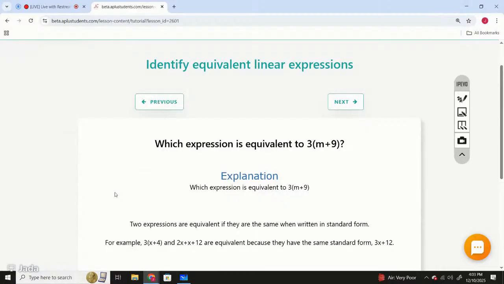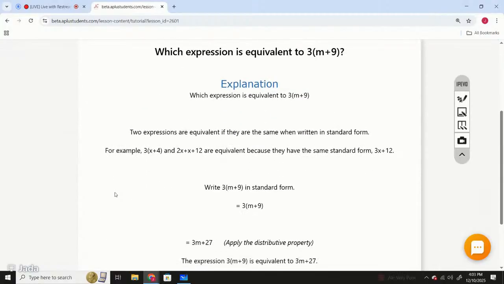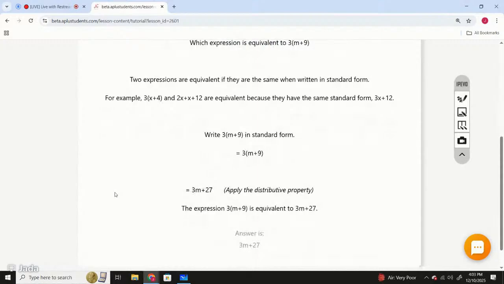Which expression is equivalent to 3 times m plus 9? We need to write down the equivalent expressions. Two expressions are equivalent if they are the same when written in standard form, right? So for example, we have 3 times m plus 9. We need to apply the distributive property. We need to multiply the number 3 with everything that is inside the bracket.